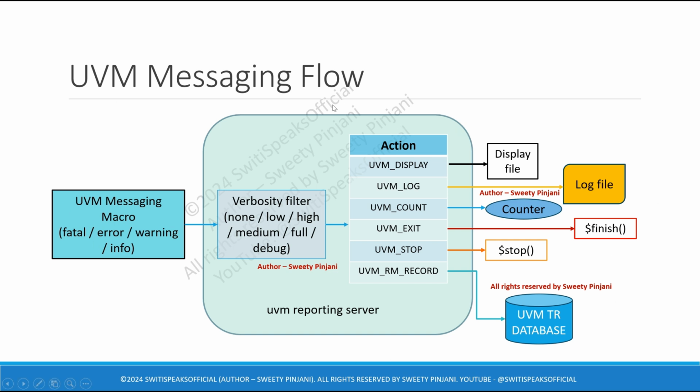If you are able to remember this diagram, you know the UVM reporting mechanism. If someone asks you about the UVM reporting mechanism, I'll tell you the best way to explain it: draw this diagram and explain it as I did. They will know that you have in-depth knowledge of the UVM reporting mechanism if you can draw such a diagram.